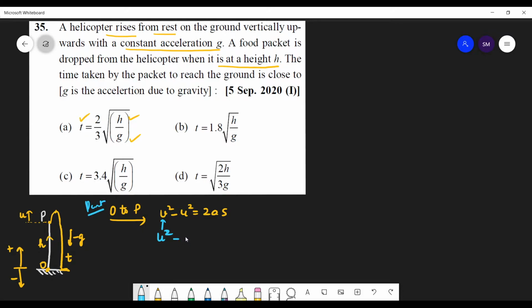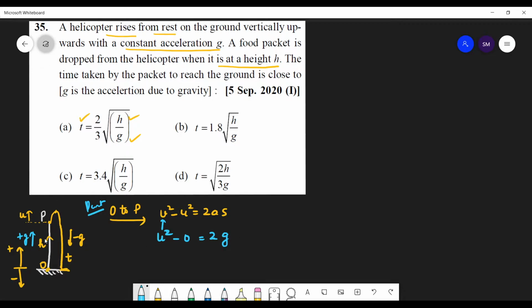Okay, so this is the first part of the motion, O to P. So u square minus 0, initial velocity was 0, so here it started with 0, equals 2 into, what is the acceleration? So acceleration was upward, students. Here in this part of the journey, acceleration was upward. So net force was upward and acceleration was upward, plus g. So we will write here plus g into height.